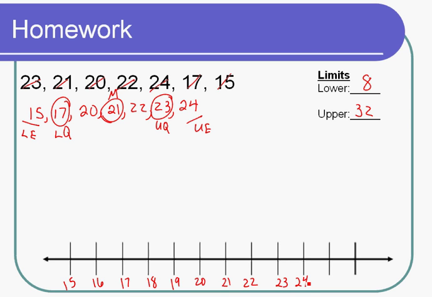I'm going to draw my whiskers. Not very good at the straight lines. And then for the median, I'm going to draw this right here. And I have my box and whisker plot completed.